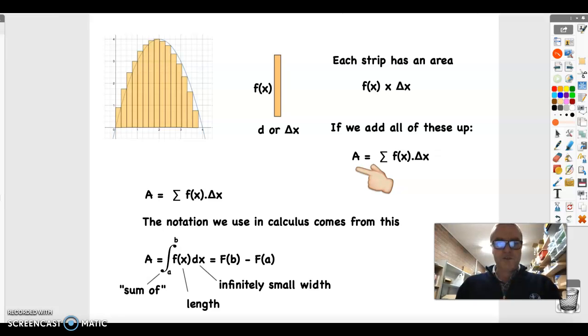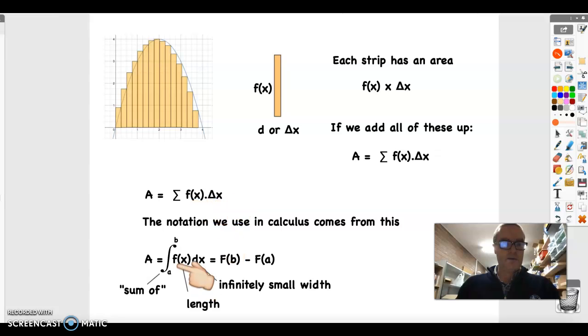Calculus is concerned with what happens to these very thin strips as they become infinitely small. So here is our area approximated, and just a moment ago we talked about a fundamental theorem, which is an area that's exact, and you can see a lot of similarity between the way these two expressions are written. First of all, we've got our length times our width.